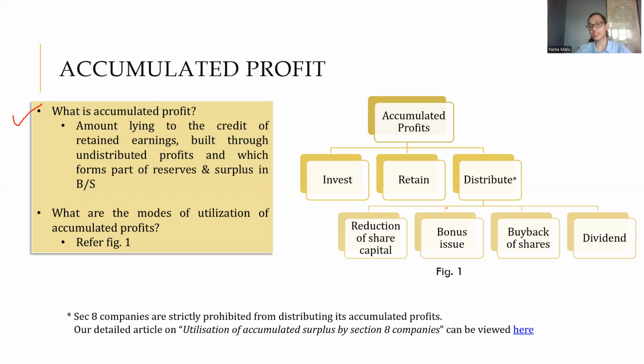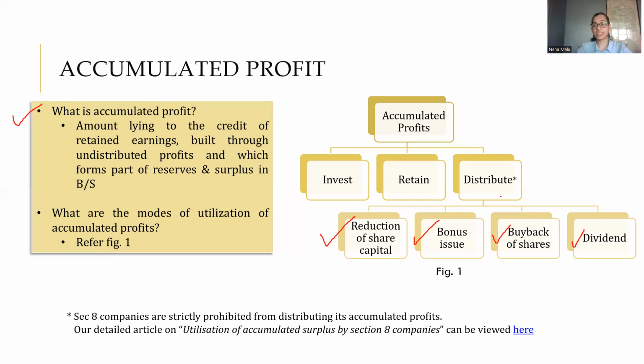Now, when it comes to distribution, as we can see from the infographic on the right side of the screen, the various modes are reduction of share capital, a bonus issue, buyback of shares, or dividend. In this presentation, I'll be majorly focusing on bonus issue, buyback and dividend as different modes of distribution of accumulated profits.